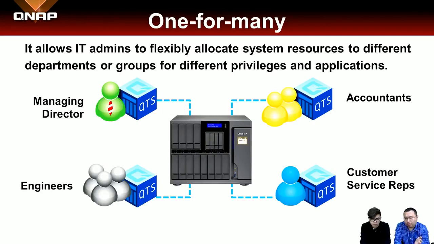With that, you can create different administrators and users, separate their privileges, and give them different access controls. You can also set up different QTS with different apps installed. Each VQTS has its own app store, so you can customize your own application servers with different VQTS to serve various purposes.